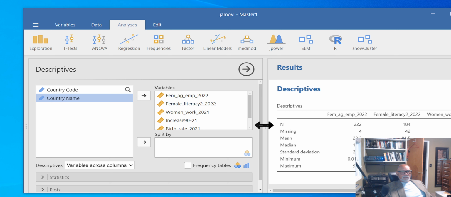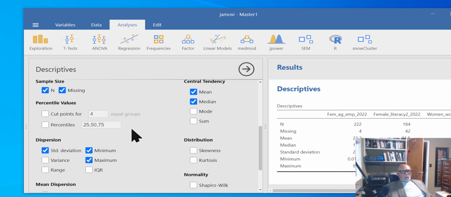Now, you'll notice the default measures here: N, missing, mean, median, standard deviation, minimum, maximum. And we want a few more things than that.